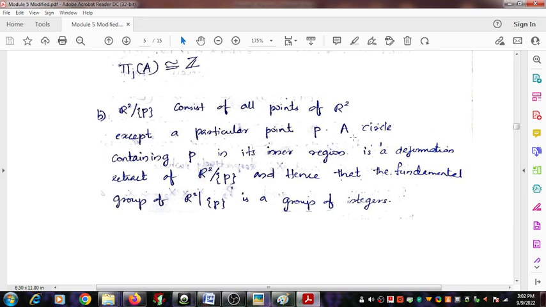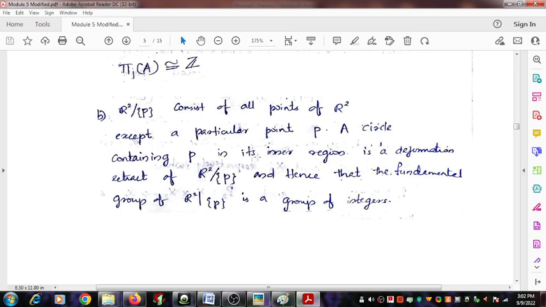Any circle containing P in its inner region is a deformation retract of R2 minus P, that is, R2 with P removed.